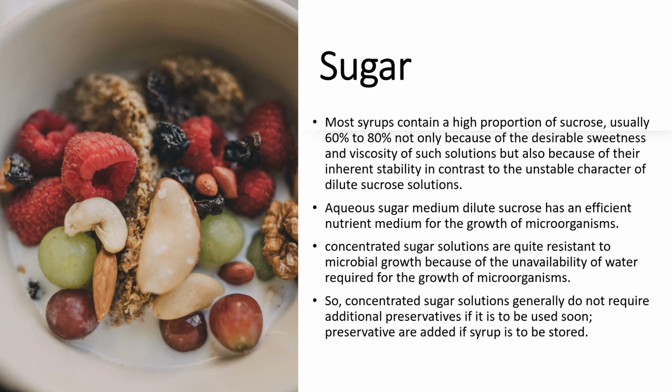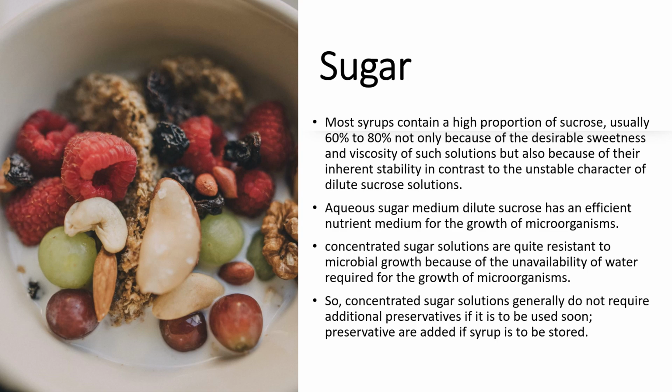While when the solution is a concentrated sugar solution, it would be resistant to microbial growth because water would not be available for the growth of microorganisms. Also, concentrated sugar solutions do not require any preservative if they are to be used soon. Preservatives are added if syrup has to be stored.